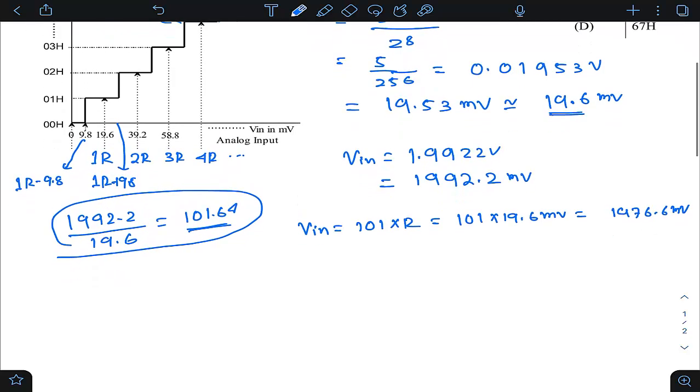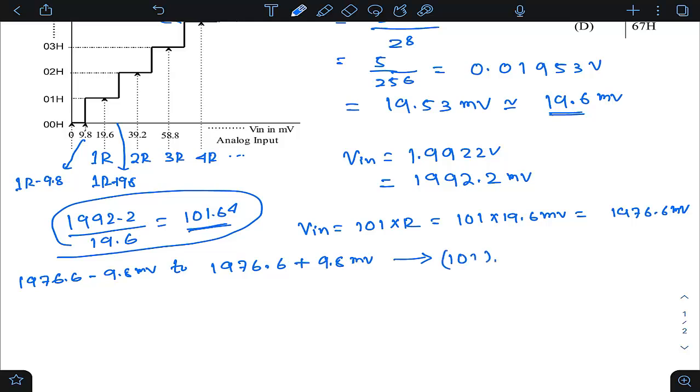The meaning is, when the input voltage is in the range of 1976.6 minus 9.8 millivolts to 1976.6 plus 9.8 millivolts, the output corresponds to 101 in decimal, which is equivalent to 65 in hexadecimal.